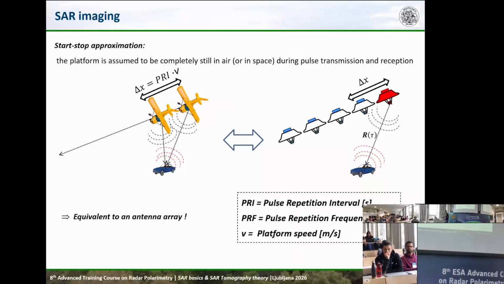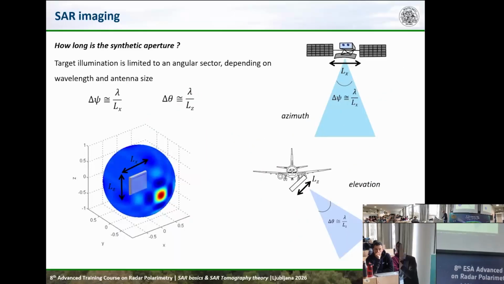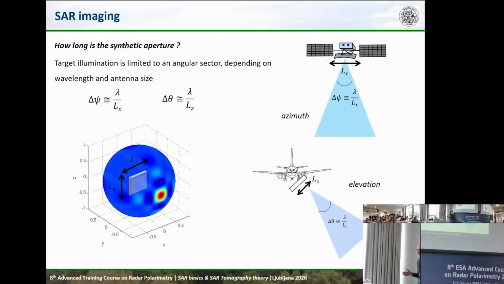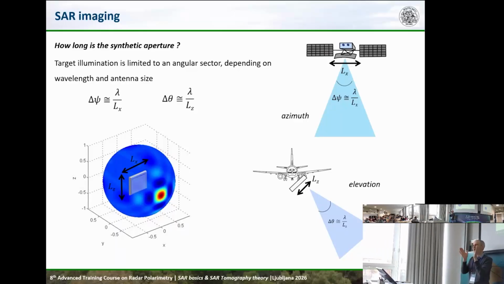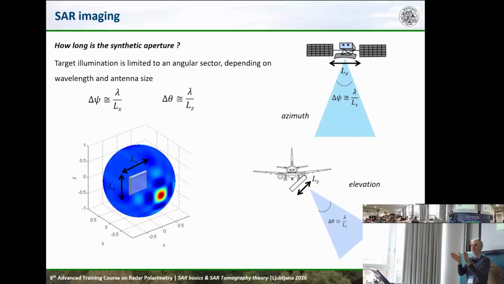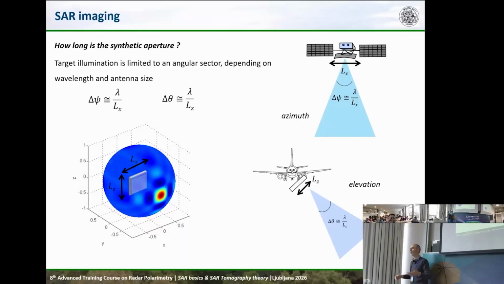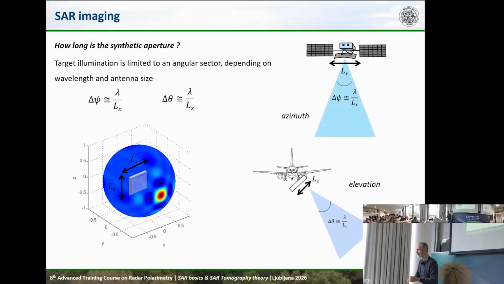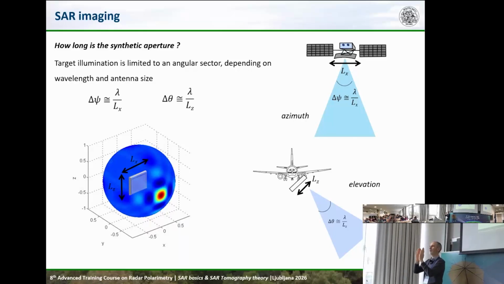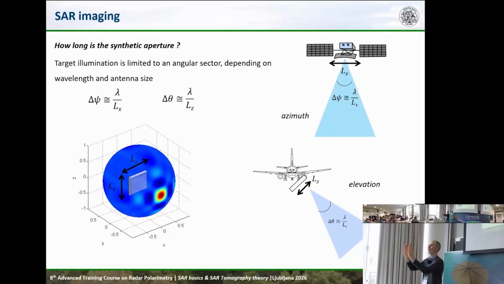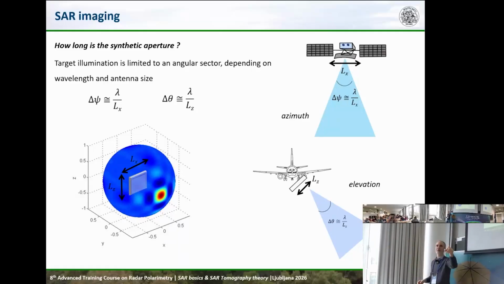And why? Because you need to think that when you have a radar that emits pulses, it only transmits on a certain beam or on a certain cone. So when I start my experiment here, just imagine that my clap is only heard by the people in this region, but you cannot hear it.